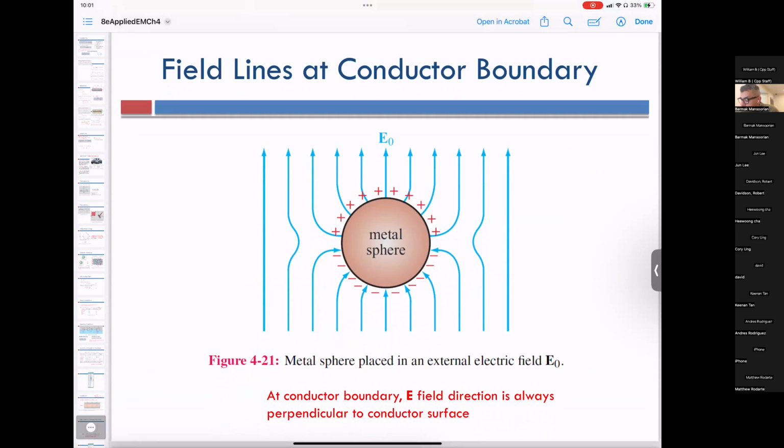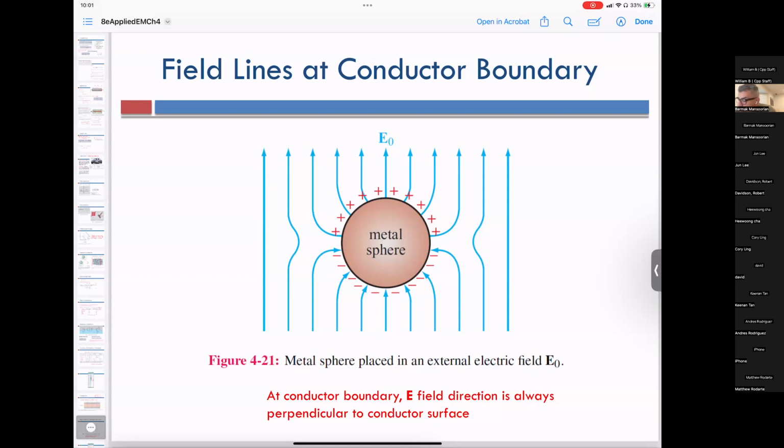The second useful thing to remember is that, because of that, every electric field terminating on a conductor has to be perpendicular to the surface of the conductor. It can never be tangent to a conductor.